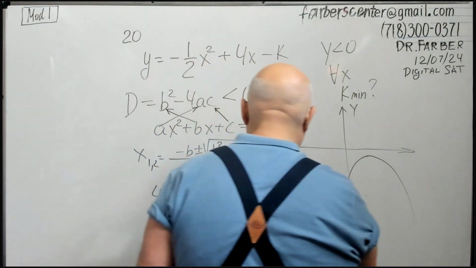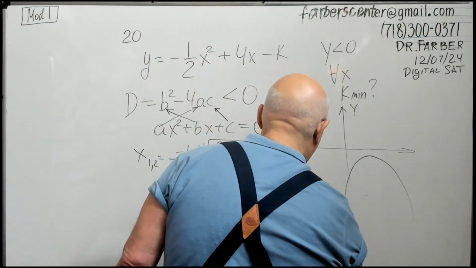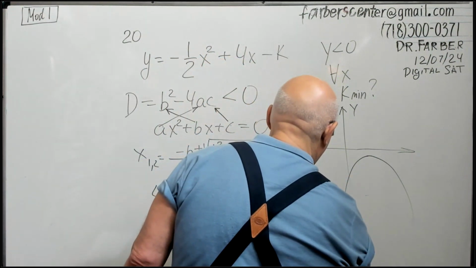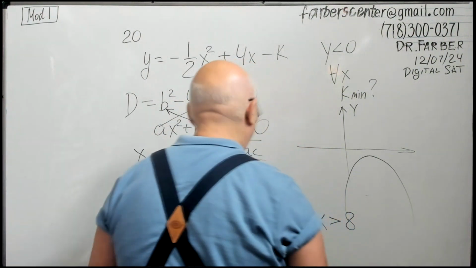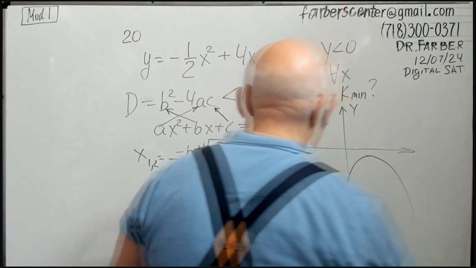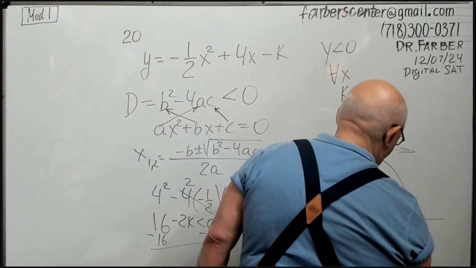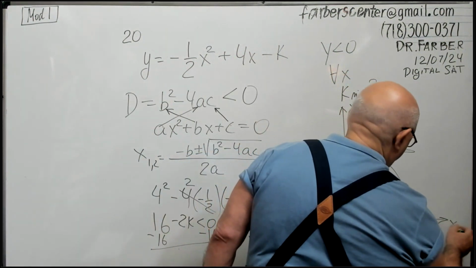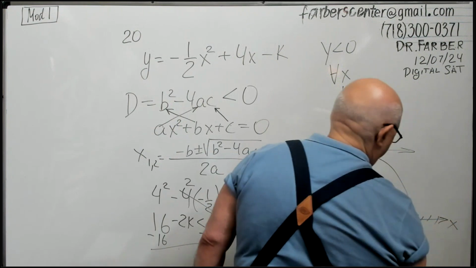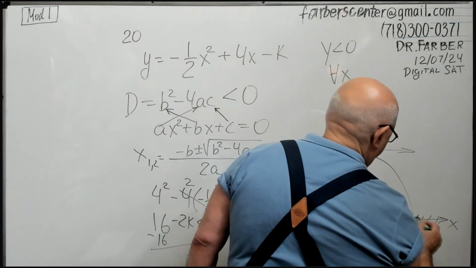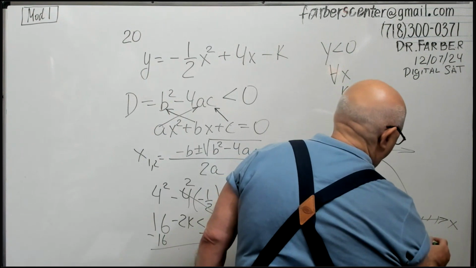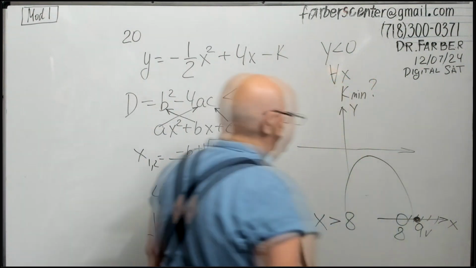And in this case, k would be greater than 8. And they ask you, what is the minimum value? If this is k, this is 8, and this solution set, greater than 8, supposed to be 9, and 9 is the minimum.